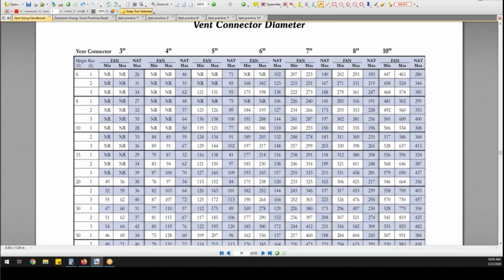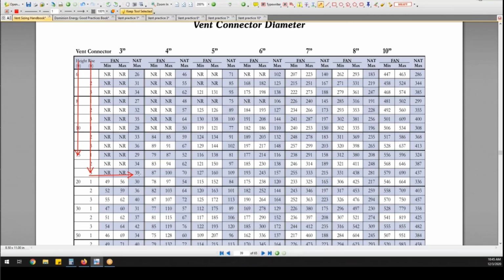So again, same process. 15-foot height. Okay. 3-foot rise. And hey, I can switch that connector to single wall if I wanted and save some money, right? Because I only need to get 35,000 BTUs up it.